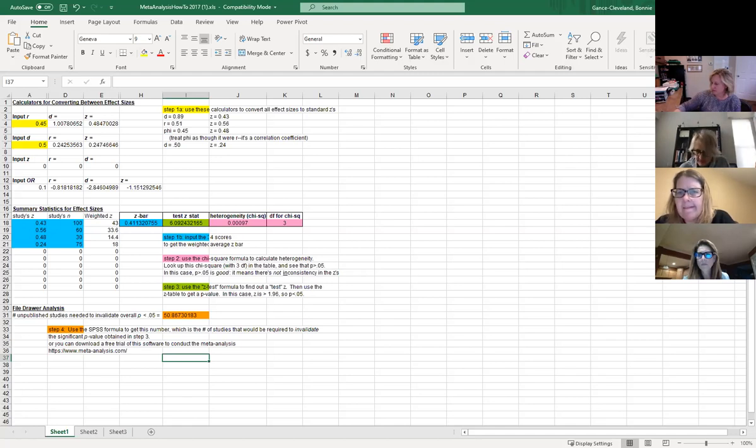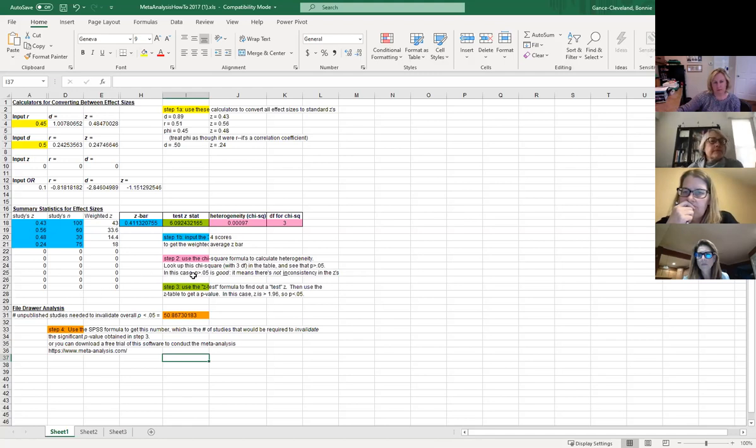Right. The thing I'll say about that is remember how to interpret this test of heterogeneity, because it's different than how we interpret everything else. Are you seeing the how-to sheet again? Yeah. So in this pink area, it really gives you the hint.